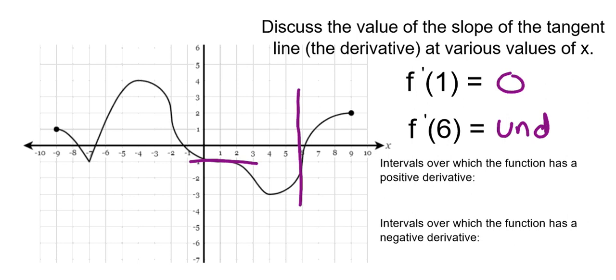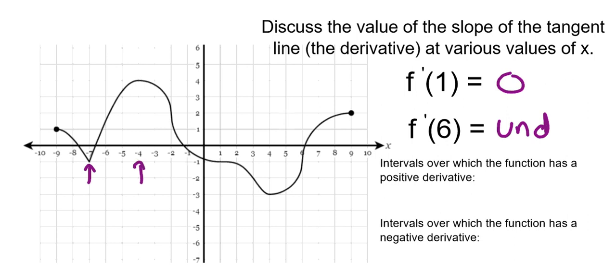Intervals over which the function has a positive derivative. All right, let me get rid of these purple lines. So we're just looking for where the graph is increasing. So it's increasing from -7 all the way till, it's hard to see on this, till -4.